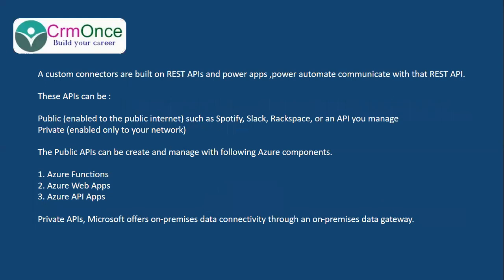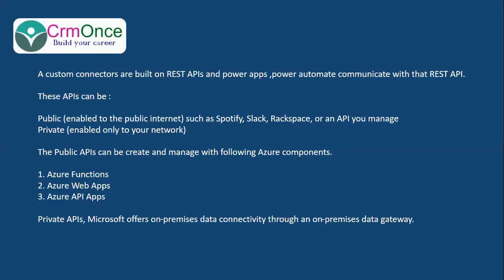Custom connectors are built on custom REST APIs, and Power Apps and Power Automate communicate with those REST APIs. These APIs can be public or private.